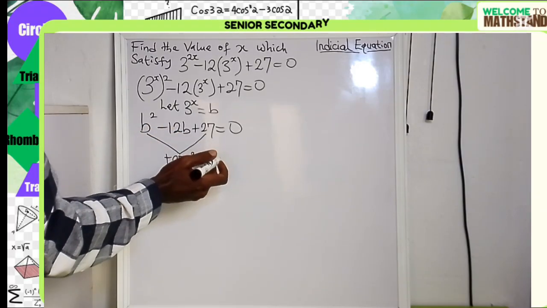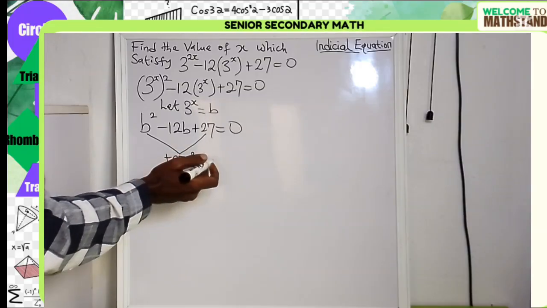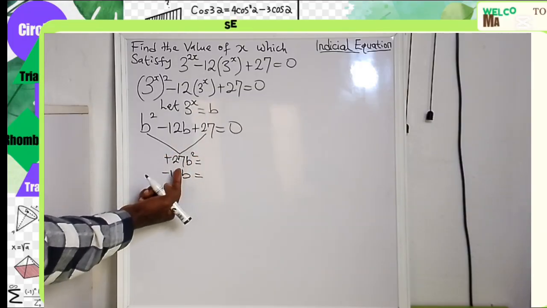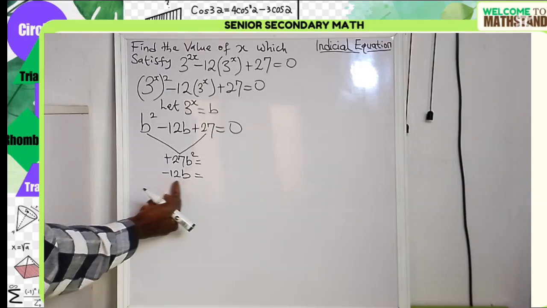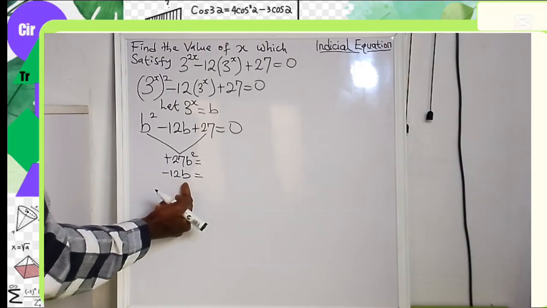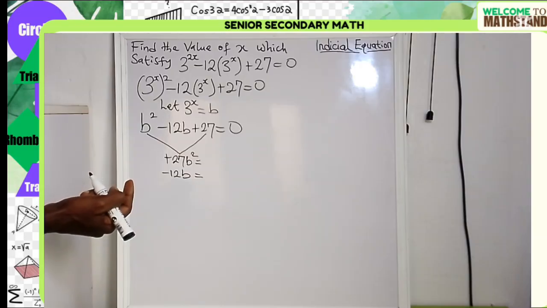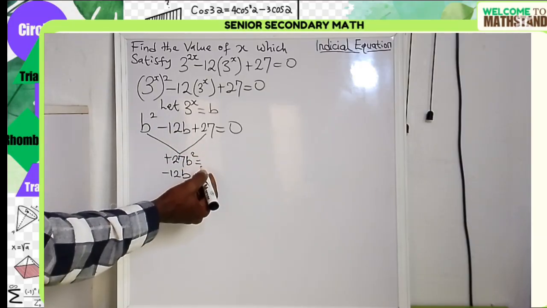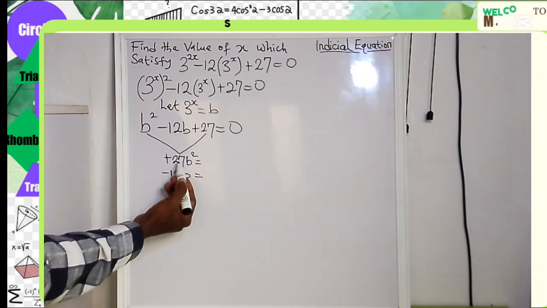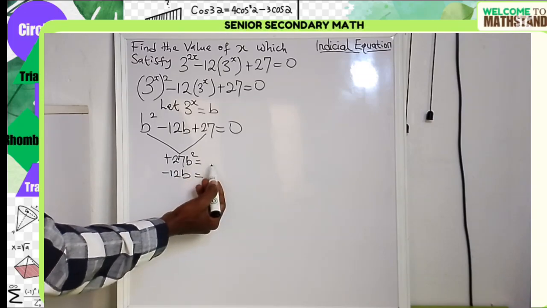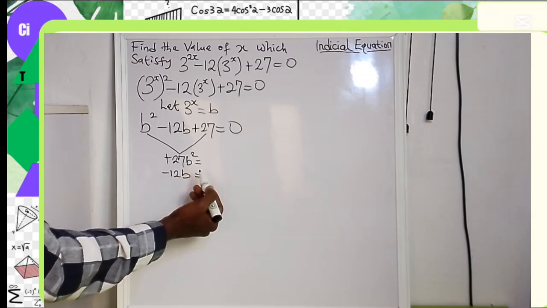So we look for two values that when multiplied give 27b square, and when added give minus 12b. What do you think could be those two values? If you look at this, 9 times 3 will give us 27.